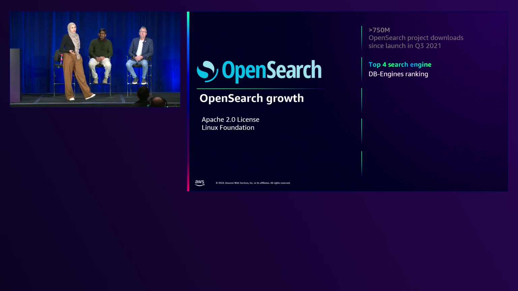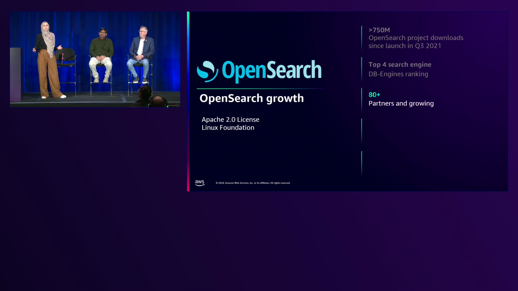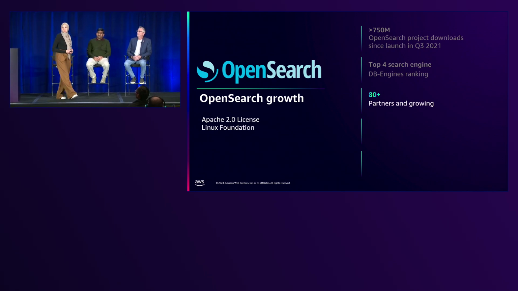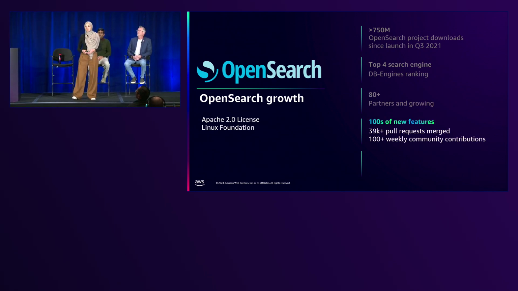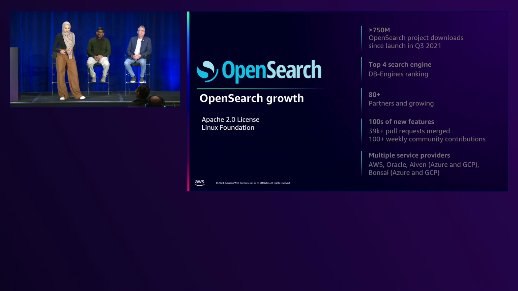OpenSearch has been ranked in the top 4 search engines within the DB-Engines website. And we have a growing number of partners, over 80 partners, contributing to the project with hundreds of weekly contributions. And of course, you can deploy OpenSearch in different providers, AWS, Oracle, Azure, etc.